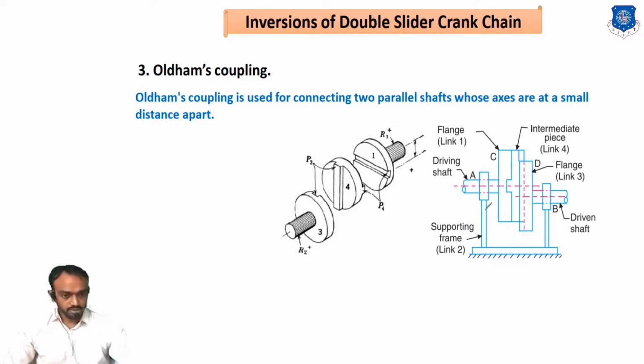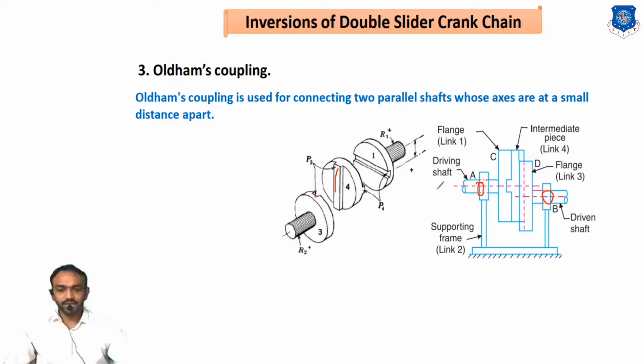There are two sliding and two turning pairs. Check this out, this is link number 2, the frame. One turning pair will be here, and the second turning pair will be here. For the remaining two sliding pairs, this element and this slot will be sliding pair number 1, and this slot and this element here will be sliding pair number 2.